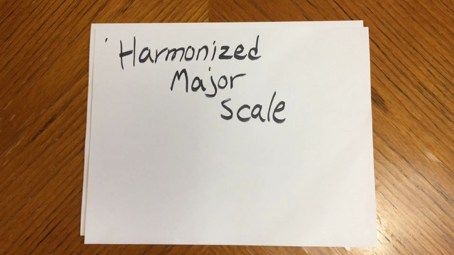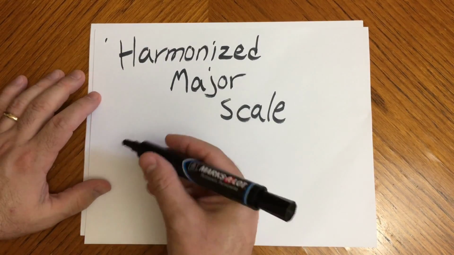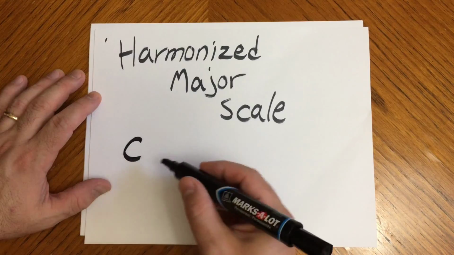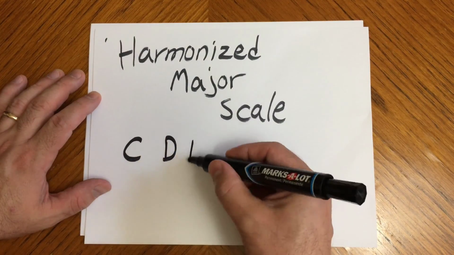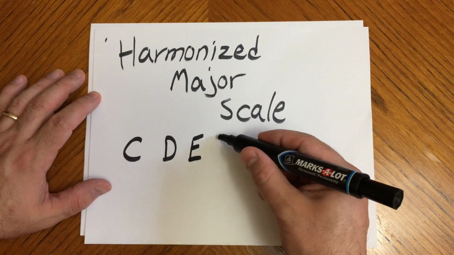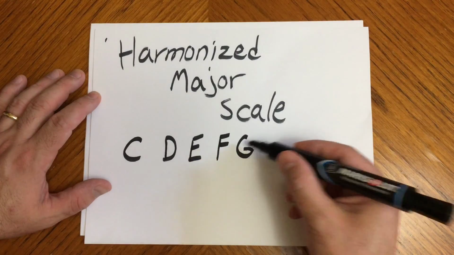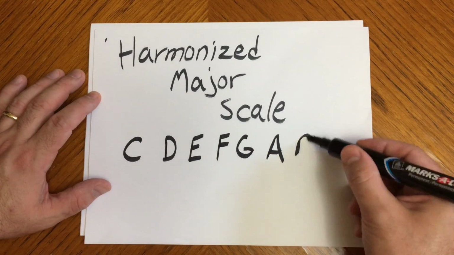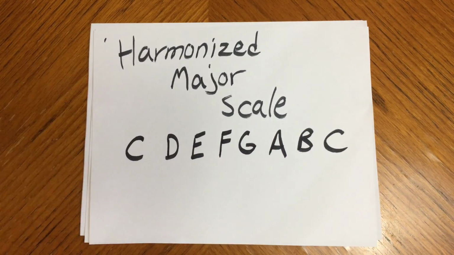So a lot of times when this is taught, whenever somebody starts talking about music theory, they usually draw out the key of C. And this is for pretty obvious reasons.